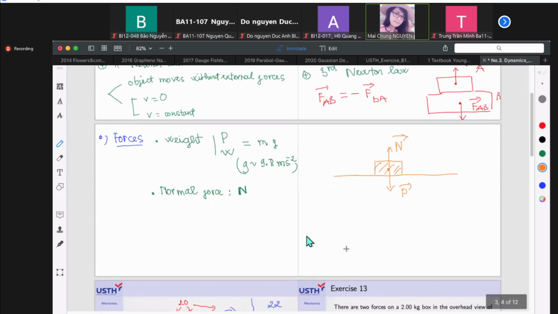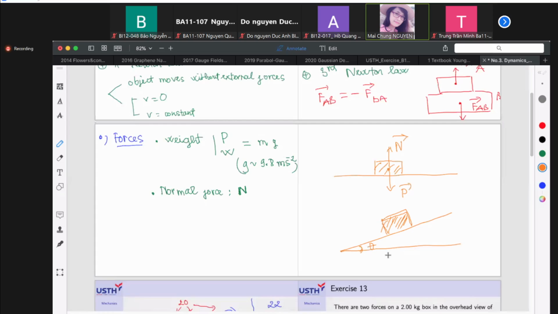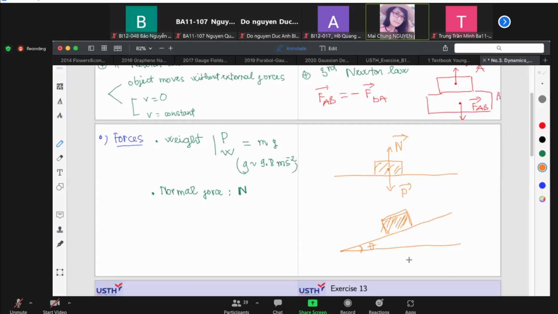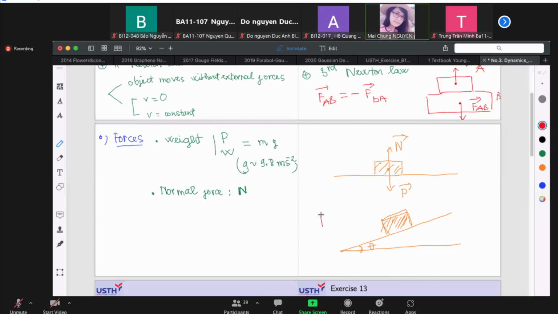Or another case, if we consider the object on the inclined plane like this, with the plane direction made at an angle theta with the horizontal. So in this case, where is the weight?